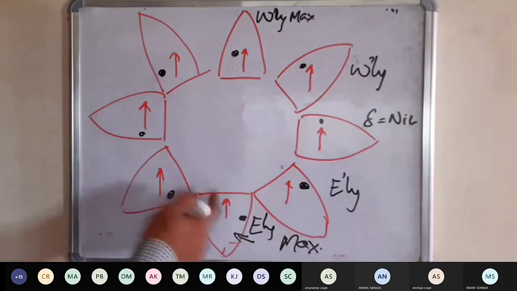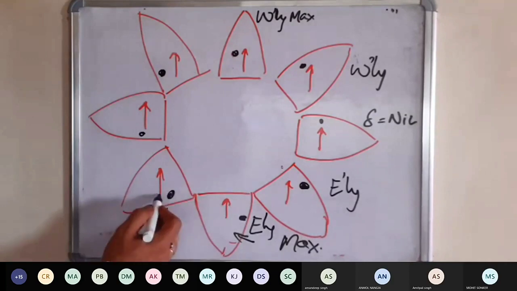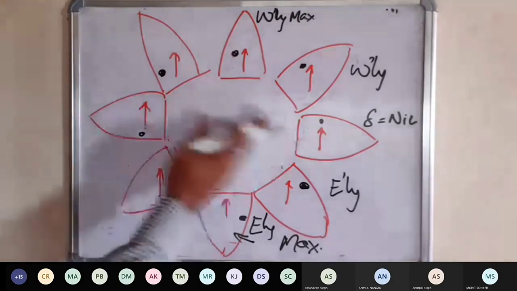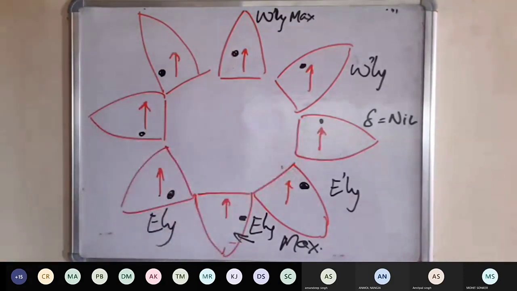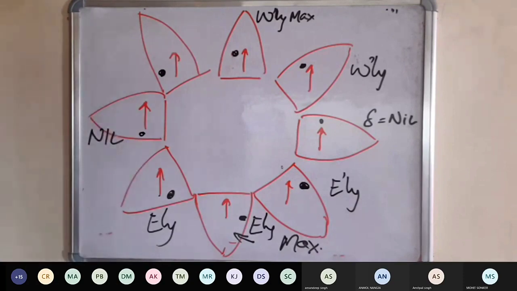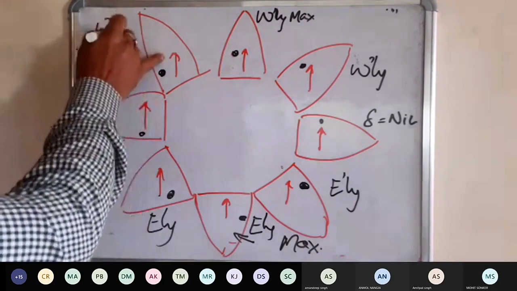In this case, again easterly, because the blue pole and blue pole will interact. This will be pushed to this side, the heading will go to this side. Easterly once again. Here, nil. And in this case, westerly.